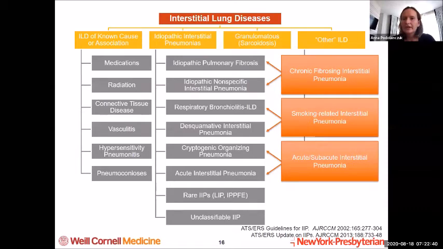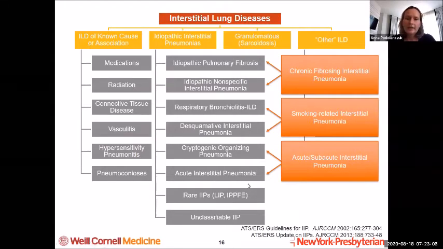They're primarily fibrosing diseases, and they're generally progressive diseases, which is a little bit different than the second two, the RB-ILD or respiratory bronchiolitis ILD, as well as DIP. These are largely smoking related. They have specific radiographic patterns that are seen in active smokers, and often disease can be arrested or stopped in patients when they stop smoking.